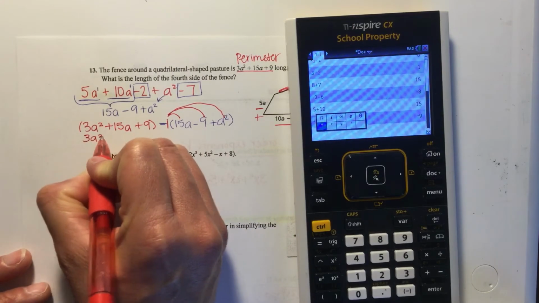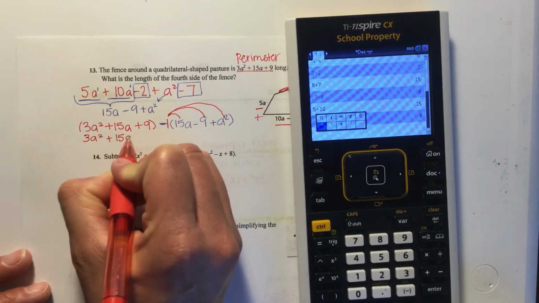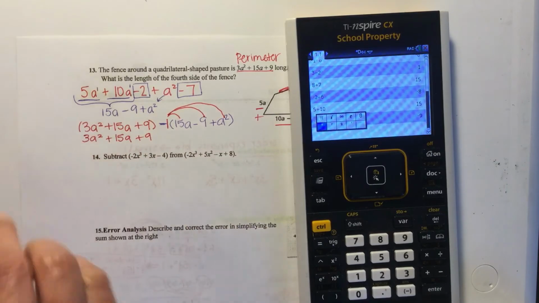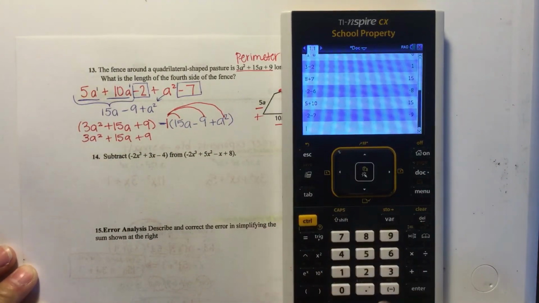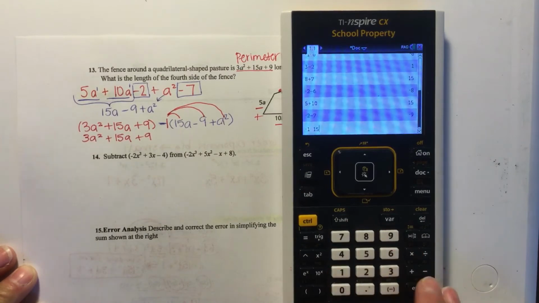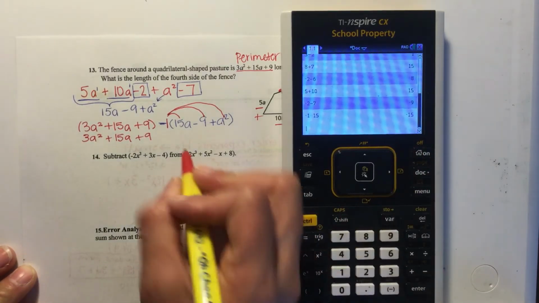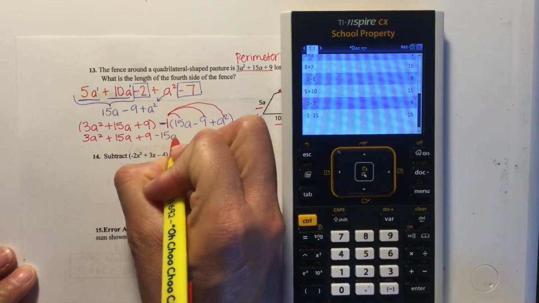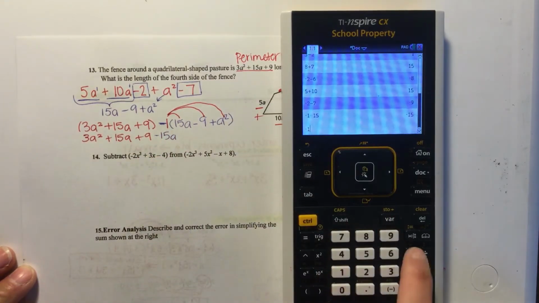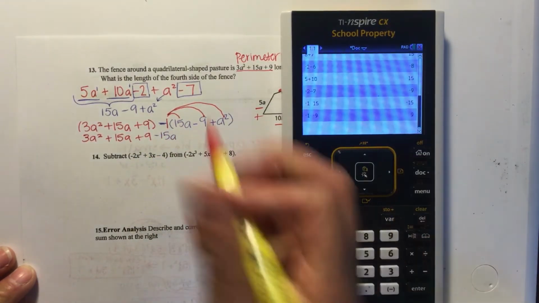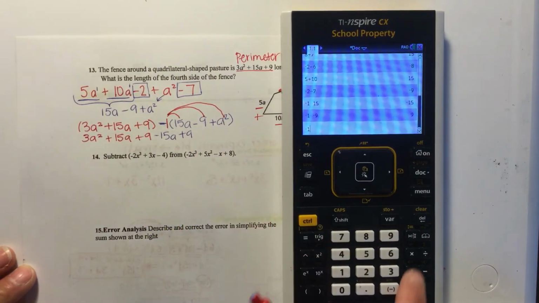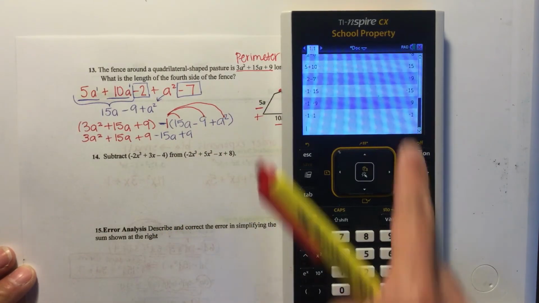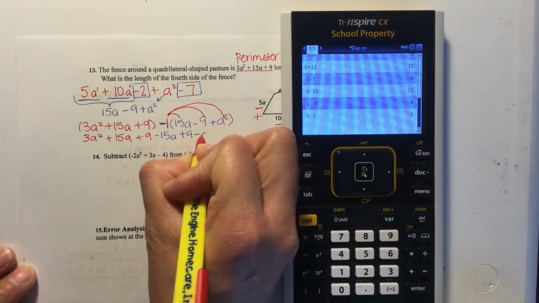So I have 3a squared plus 15a plus 9. When I distribute, negative 1 times 15 is negative 15. So you get negative 15a. Negative 1 times negative 9, positive 9. And negative 1 times a positive 1 is a negative 1. So negative a squared.